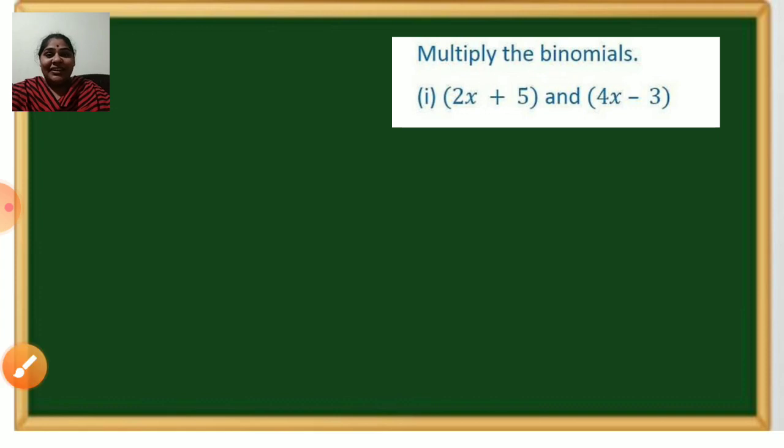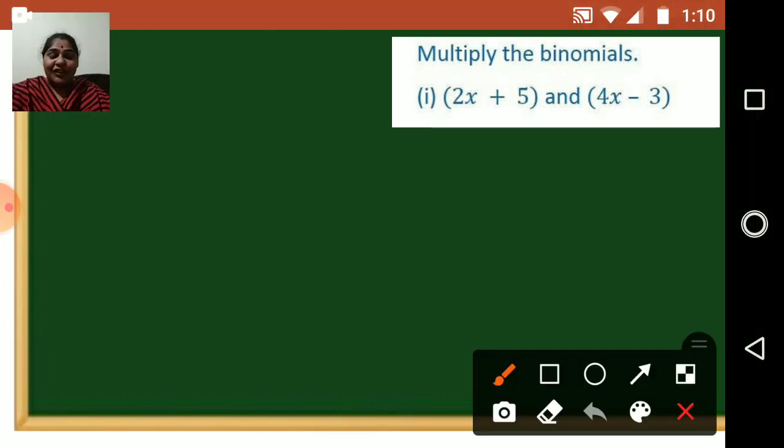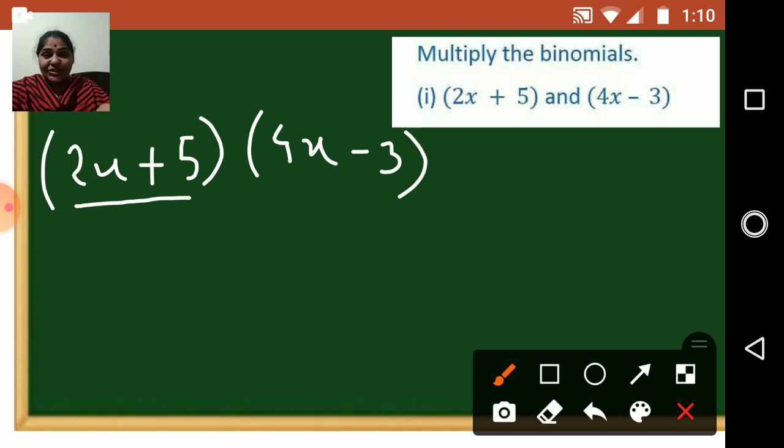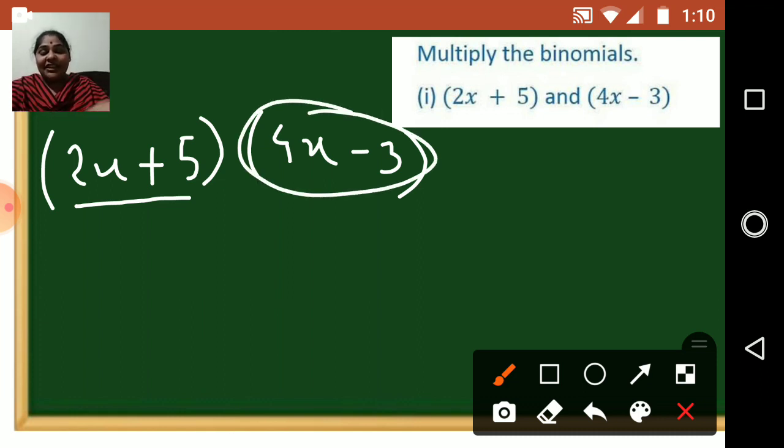So this is 2x plus 5 multiplied by 4x minus 3. Now let us start one by one. I will take the terms from the first expression and will multiply with the complete second expression.